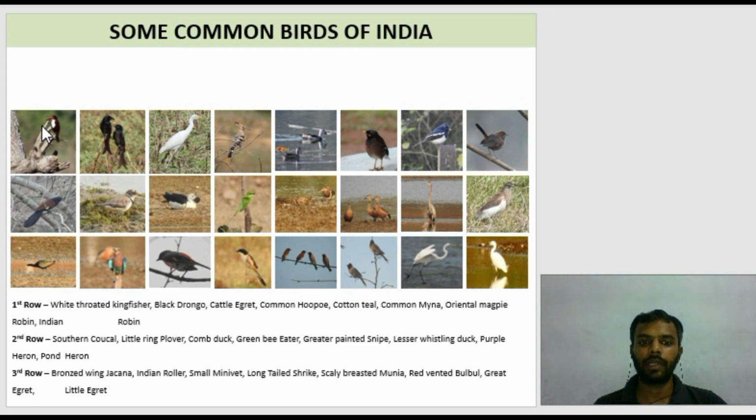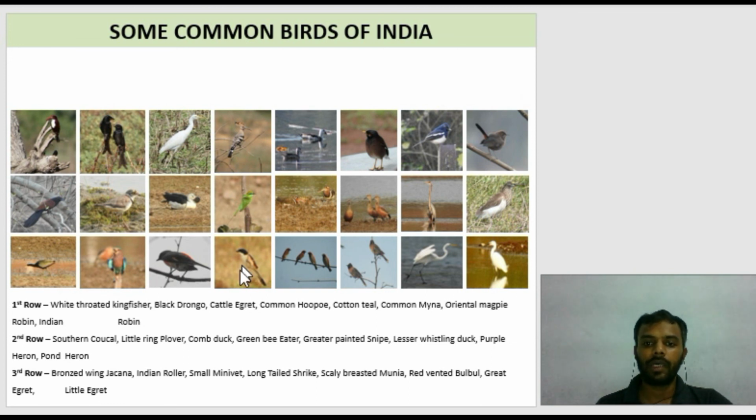This is white-throated kingfisher, this is black drongo, this is cattle egret, this is common hoopoe, this is common teal or cotton pygmy goose, this is common myna, this is oriental magpie robin, this is Indian robin, this is southern cuckoo, this is little ringed plover, this is comb duck, this is green bee-eater, this is greater painted snipe, this is lesser whistling duck, and this is purple heron, this is pond heron, this is bronze-winged jacana, this is Indian roller, and this is small minivet.